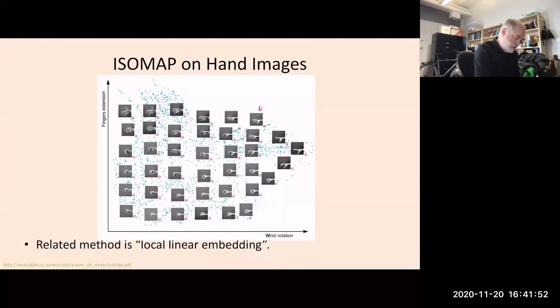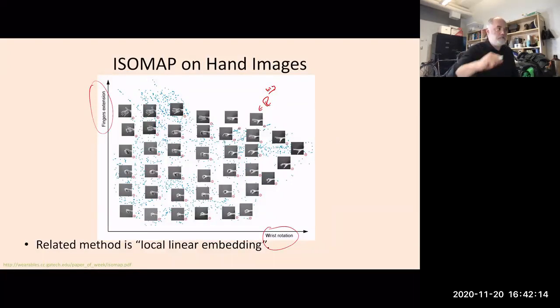These spaces live in some big space, but really, you should be able to describe the entire space of images, even though they're grayscale, with just 2 numbers, which is how extended the fingers are and how much the wrist is rotated. And if you run ISOMAP in this space, you will recover such a 2-dimensional manifold. Pretty cool.